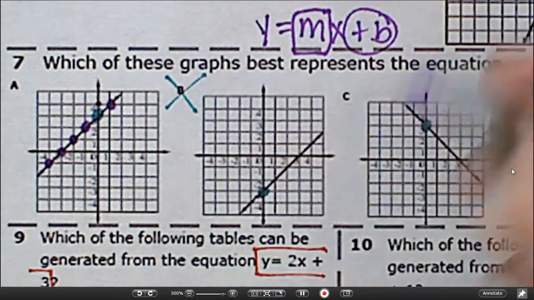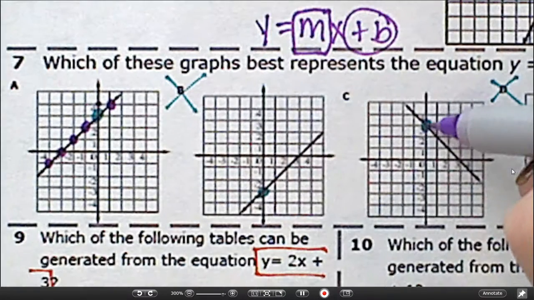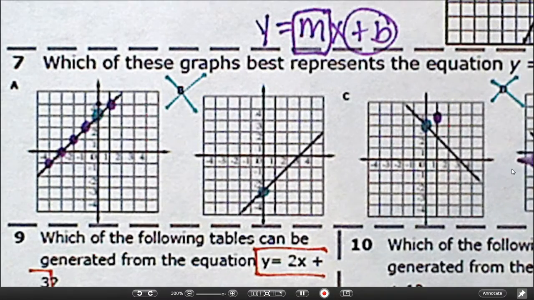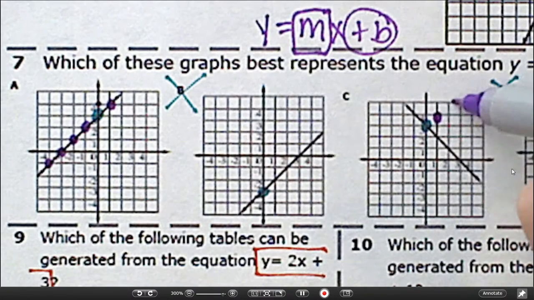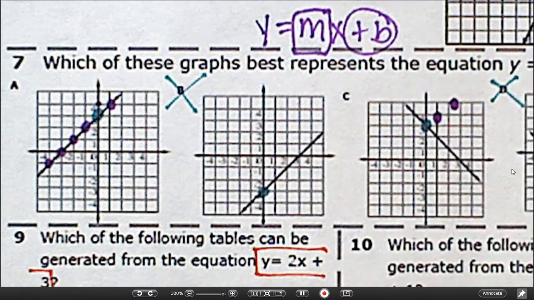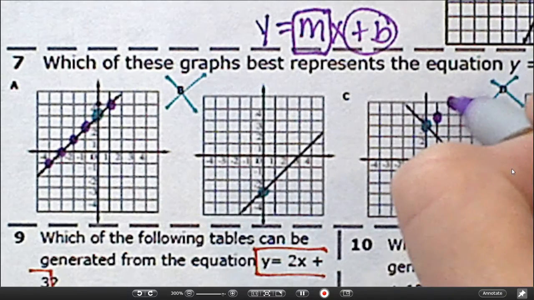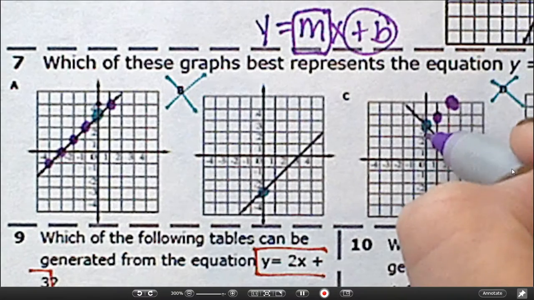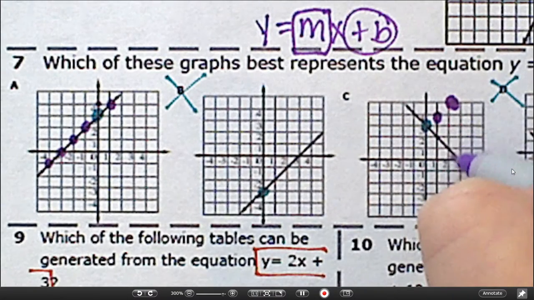From this y-intercept, up one, right one would be right there. Doesn't look good. Oops, I'm a little off. There we go. So this one actually goes down one, right one, down one, right one, down one, right one.